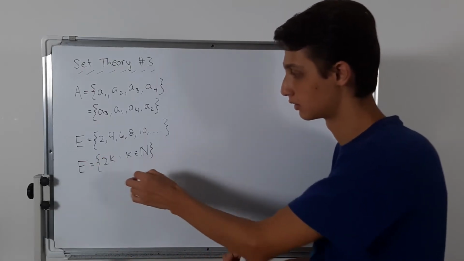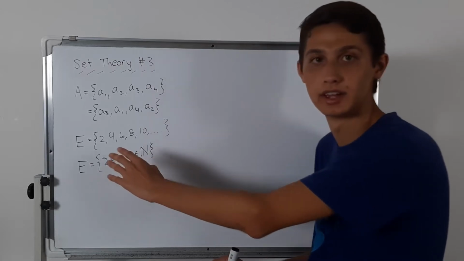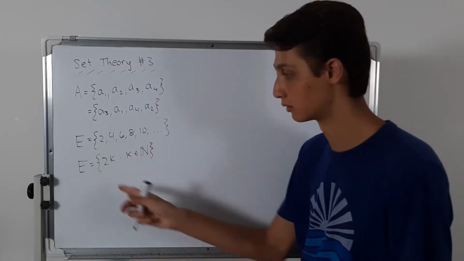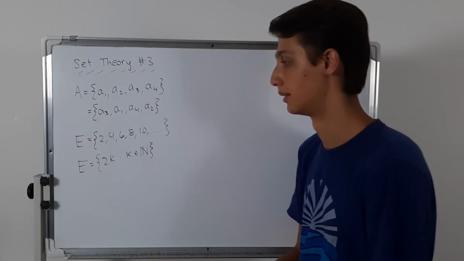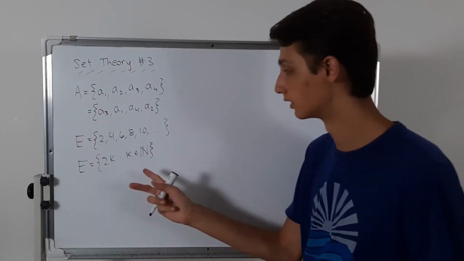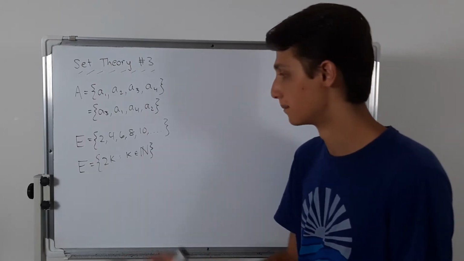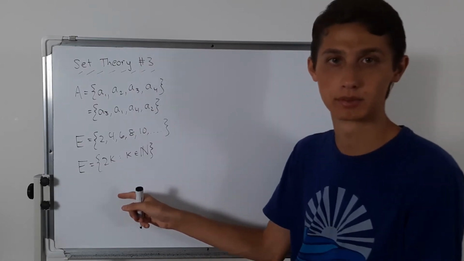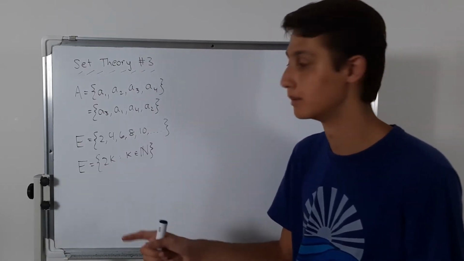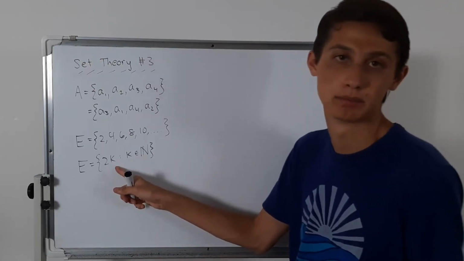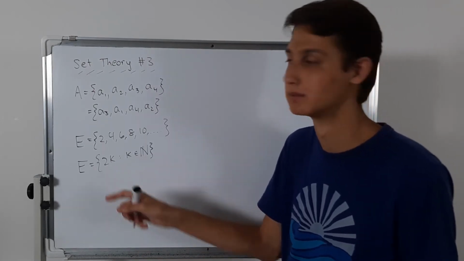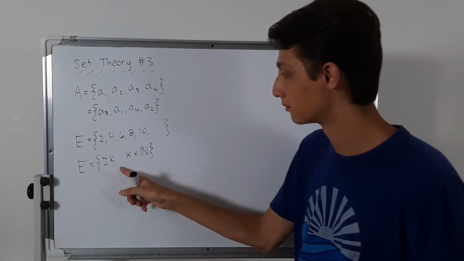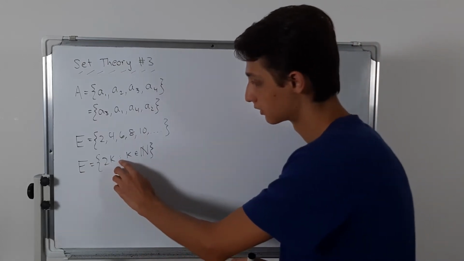So first off, I want you to understand that any even number can be written in the form 2 times k, where k is an integer, or in this case a natural number, because 2 times 1 is 2, 2 times 2 is 4, 2 times 3 is 6, and so on and so forth, right? So any even number is divisible by 2, so we can write it this way. And notice how I have this colon.